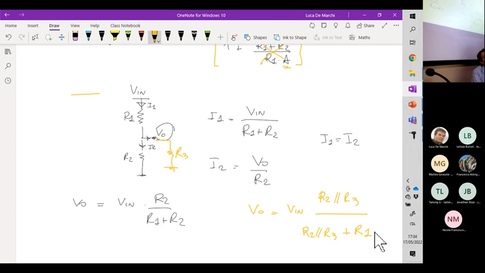Okay, it's a completely different situation. Okay, and R2 parallel R3 will be smaller than the smallest value. So R1 in comparison will be more relevant in this expression.